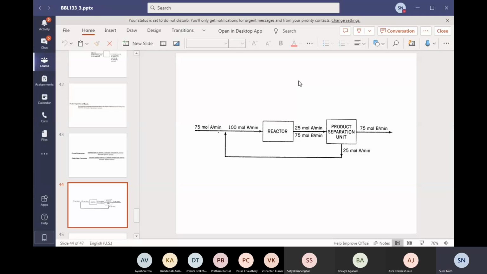I don't think there is any known process like that, ideal. That is why you are getting an overall conversion of 100. If that efficiency of the separator was not complete, which is what we have in the question that I left you with last time, and that's what we need to look at, then you are never going to get 100% overall conversion.